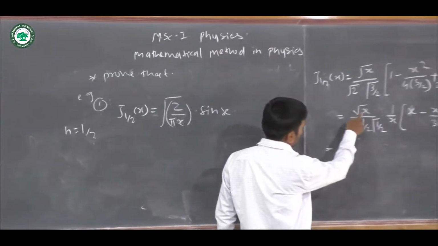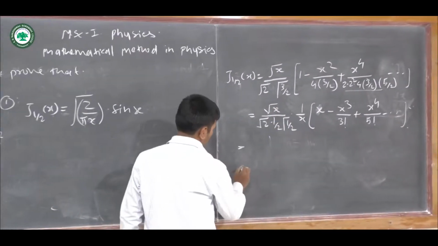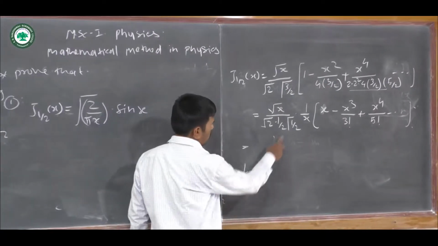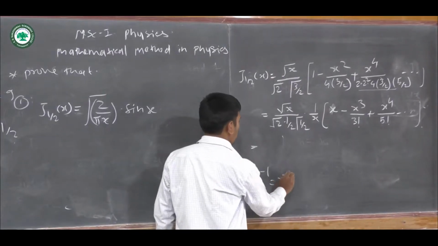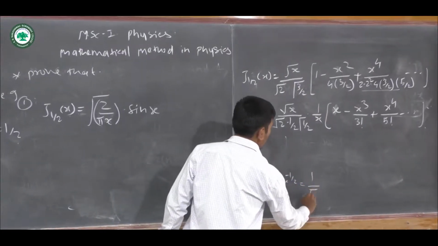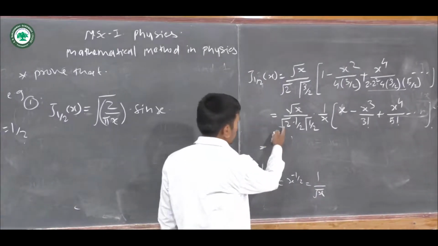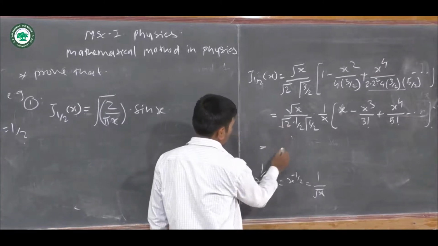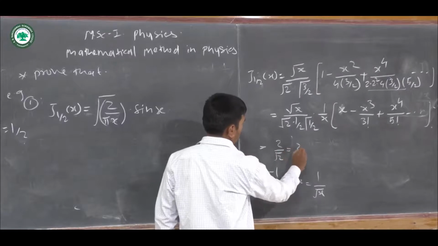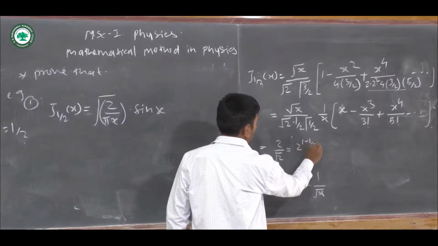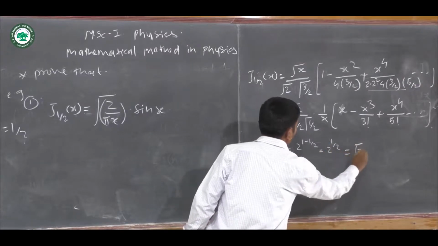So here x power half, and this is power one. So half minus 1, we can write x power half minus 1, which is x power minus half, and this we can write as 1 by under root x. Same for here, 2 by under root 2. We can write 2 power 1 minus half, and this 2 power half is equal to under root 2.